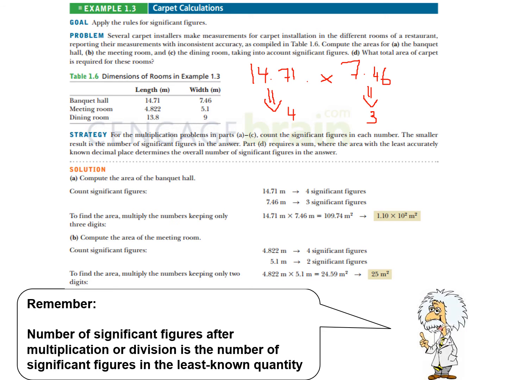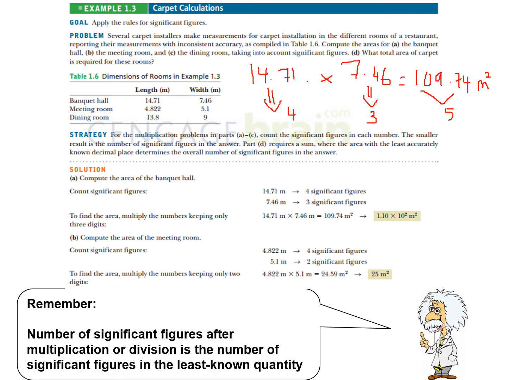So when we multiply 14.71 by 7.46, we punch the calculator and we get 109.74 etc. square meters. Don't forget about the unit. Okay, 109.74 has 5 significant figures.